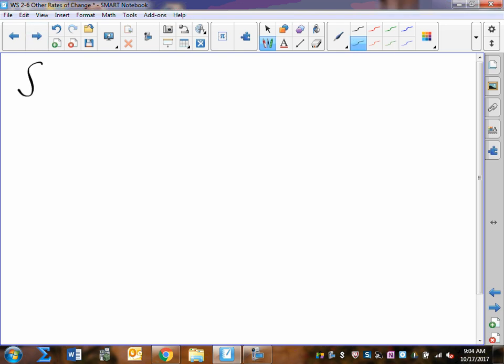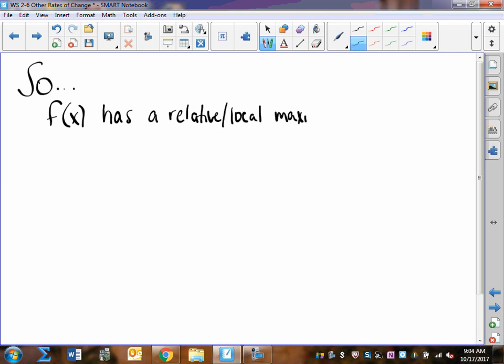Alright, so in relation to our first derivative test, we know the following. f of x has a relative or local minimum.